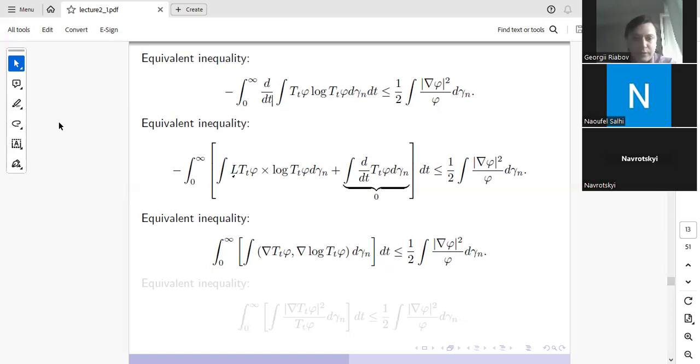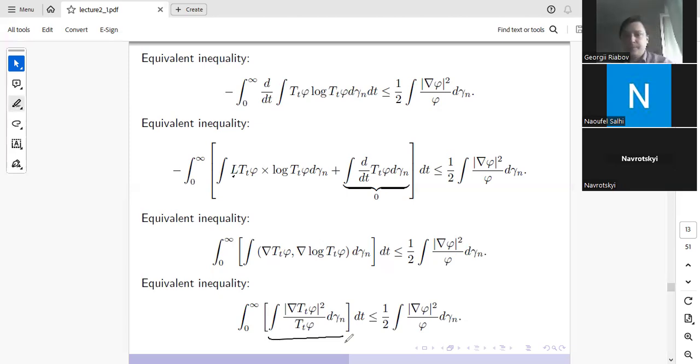And finally, when we compute the gradient of the logarithm of Tt phi, we get this thing. Okay.